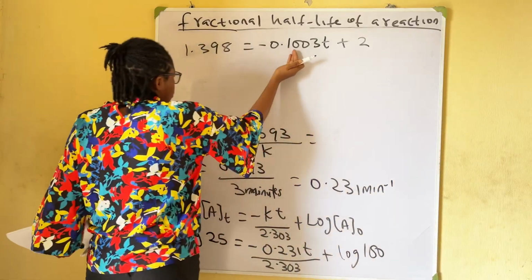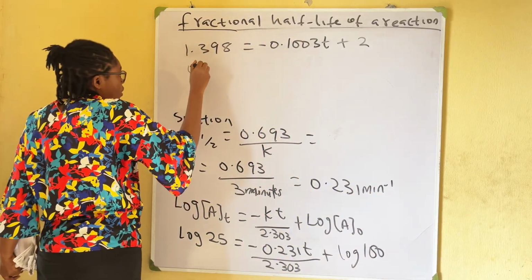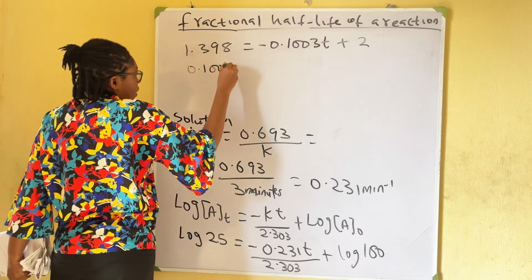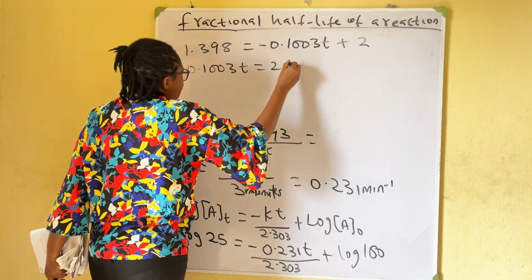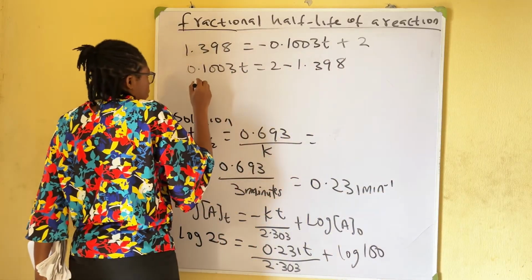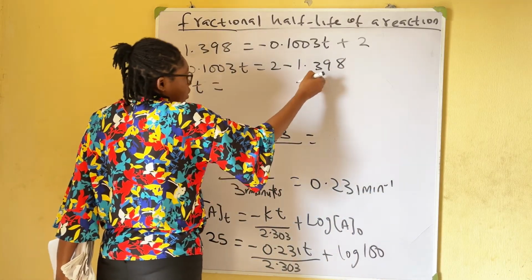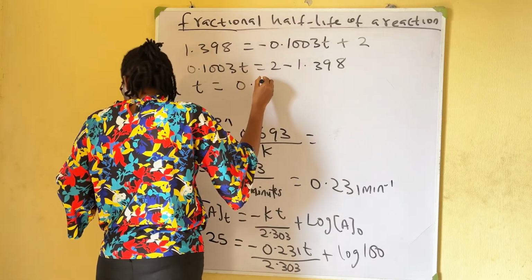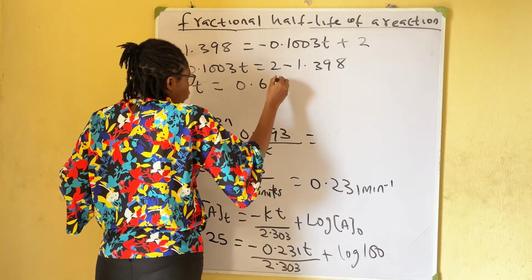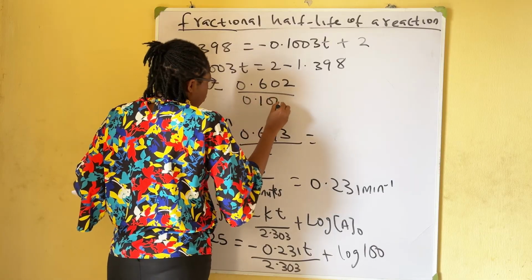So I'm going to bring this to this side. The negative sign will cancel. So it will now be 0.1003 T is equals to 2 minus 1.398. We're having this minus this, you have 0.602 divided by 0.1003.